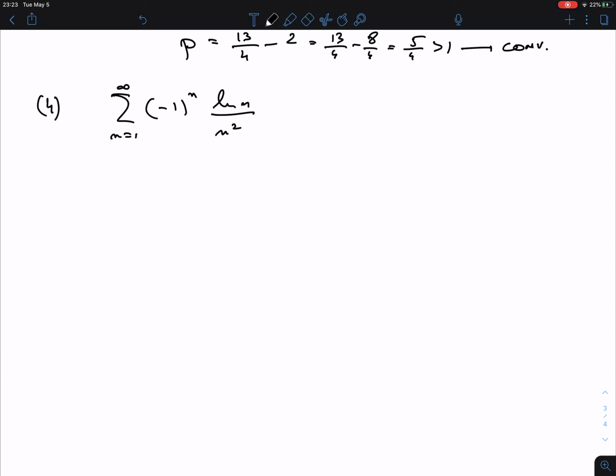Sometimes it does work, but if it's just logs and powers of n, then the problem is that if you do the ratio test with this thing, your limit is actually equal to 1, which is the only case you don't want, because it's the case where you don't know what happens.